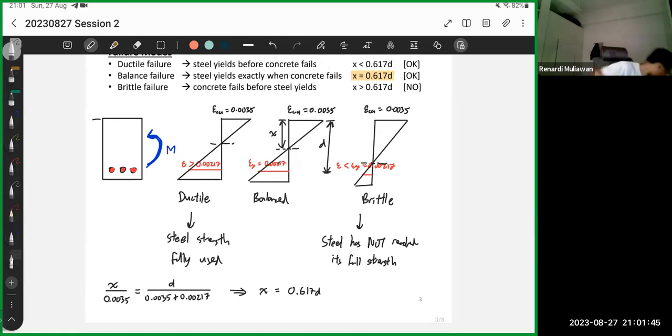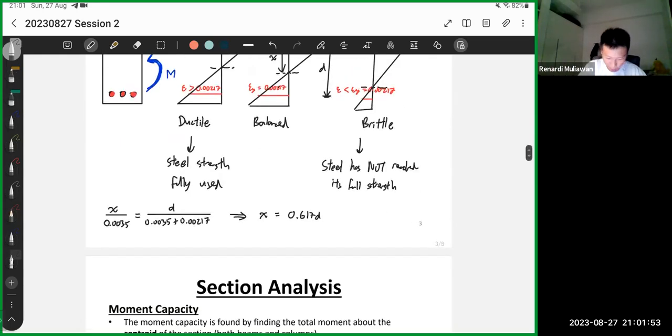Let me check, just in case I'm wrong. If we rearrange, x is equal to 0.0035 divided by 0.0035 plus 0.00217, so this is 0.617.